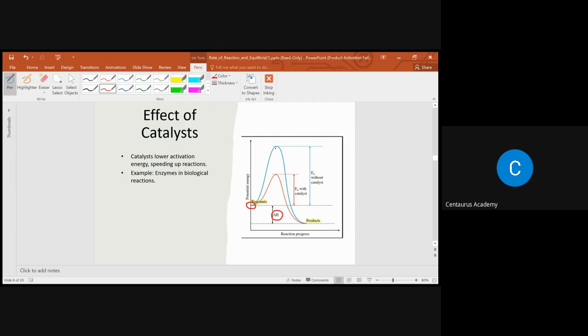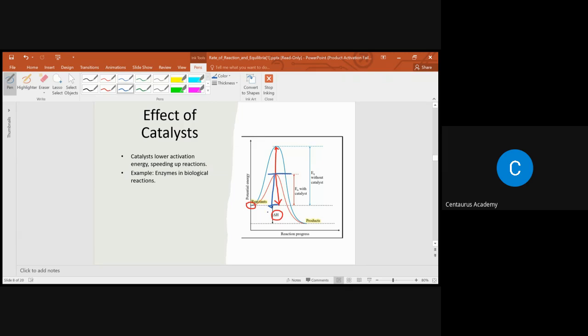For instance, without the catalyst, the activation energy is this much. This means the reactants need this greater gap of activation energy to produce the products. But as soon as you add the catalyst, the activation energy decreases.